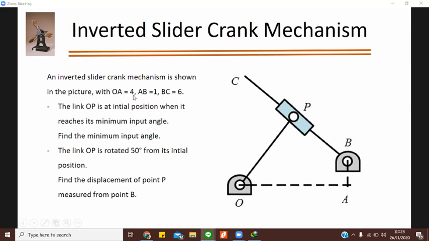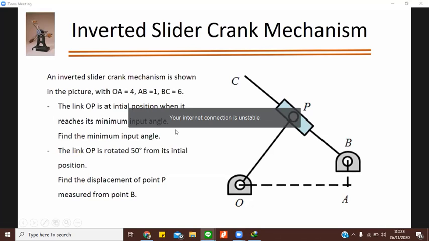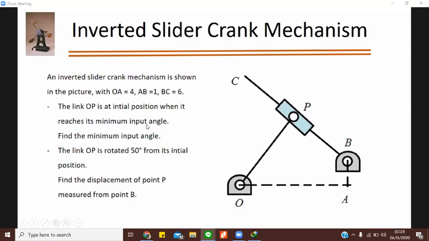Here OA is 4 and BC is 6. The link OP is at its initial position, and when it reaches its maximum input angle, find the minimum input angle.